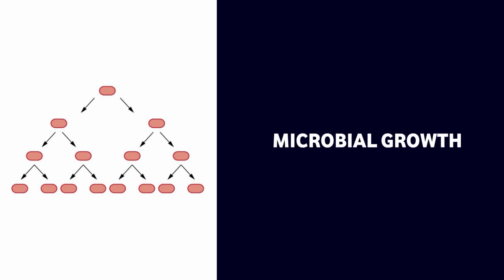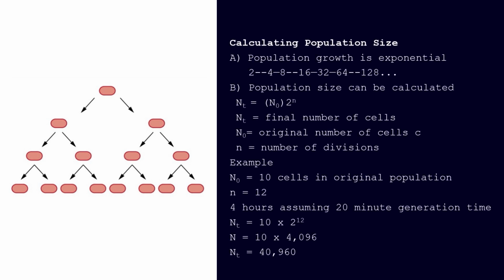So let's talk about microbial growth. How do you calculate the population size? The population growth is exponential, as I told you in the previous slide. That means 2 will give rise to 4, 4 will give rise to 8, and so on. So population size can be calculated by the expression Nt = N0 × 2^n. What is Nt?